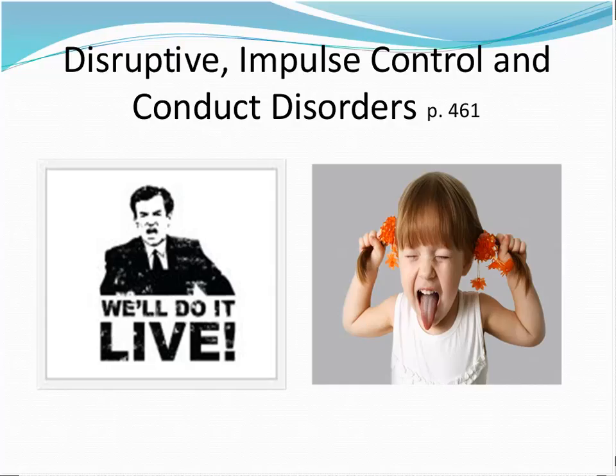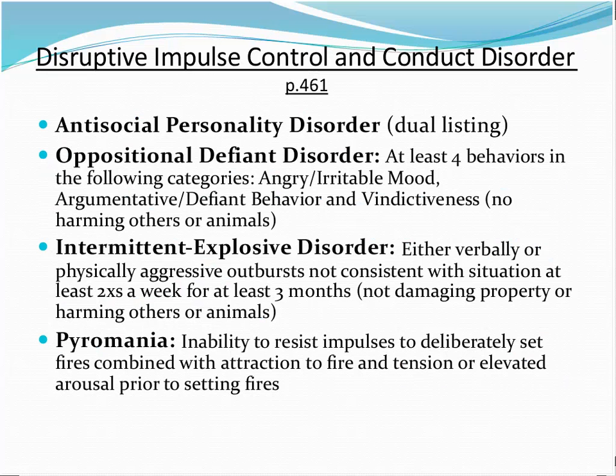The chapter was created and listed next to personality disorders, as the diagnoses contained in this chapter share many characteristics of personality disorders, particularly antisocial personality disorders, and the symptoms are more egosyntonic rather than egodystonic.